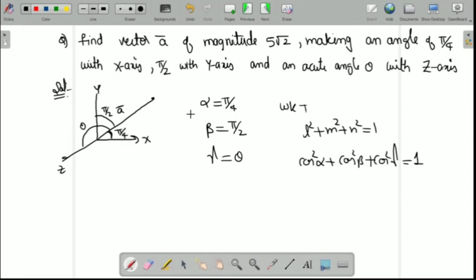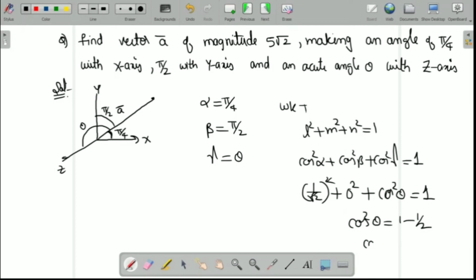From here, cos square alpha value: alpha is pi by 4, and cos pi by 4 is 1 by root 2, whole square, plus cos pi by 2 value is 0 square, plus cos square theta is equal to 1. So the square root cancels, 1 by 2 goes to the right hand side, 1 minus 1 by 2.